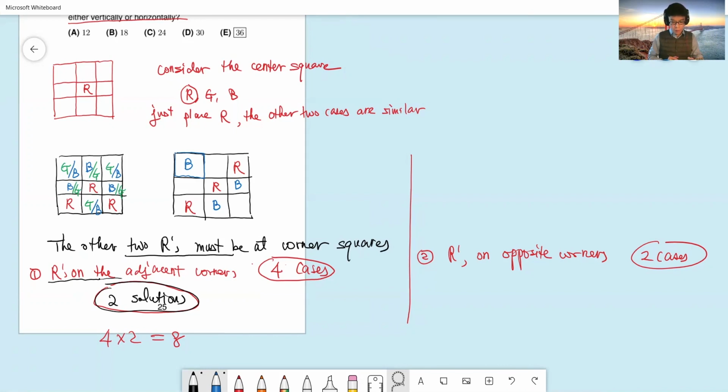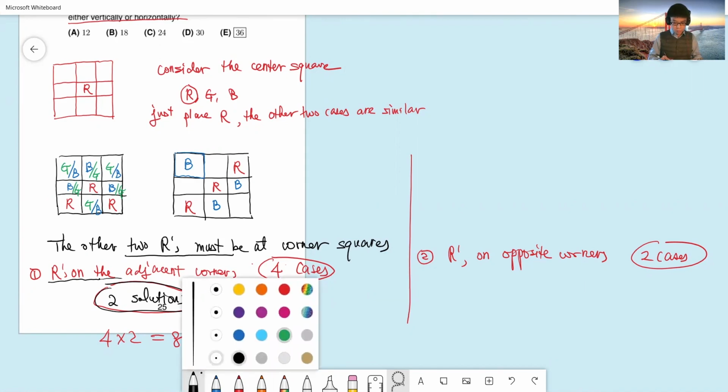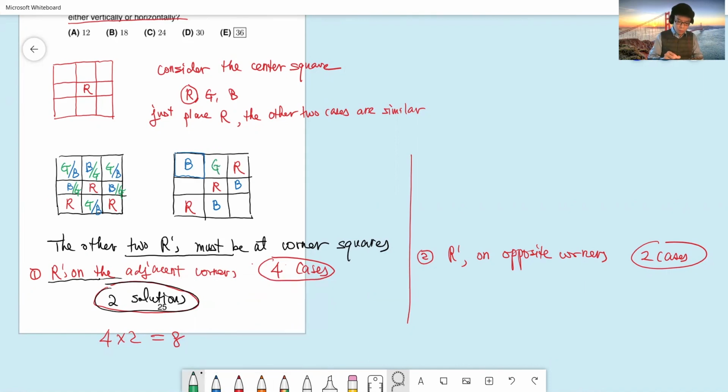And accordingly, we have green here, and a green here.